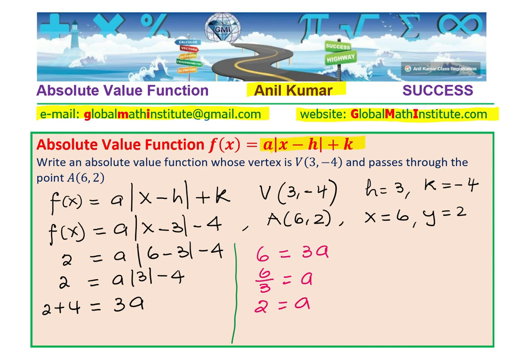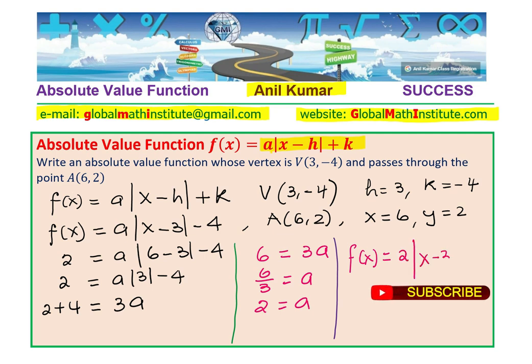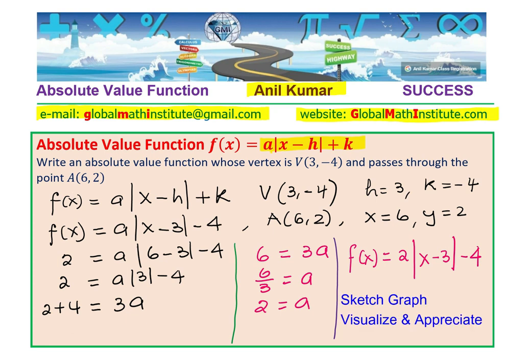So once you have the value of a, you can write down the function as f of x equals 2 times absolute value of x minus 3, minus 4. Makes sense? So that is how we need to write the absolute value function from the given vertex and a point on the graph of this function.